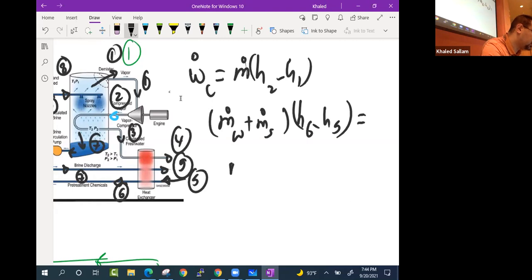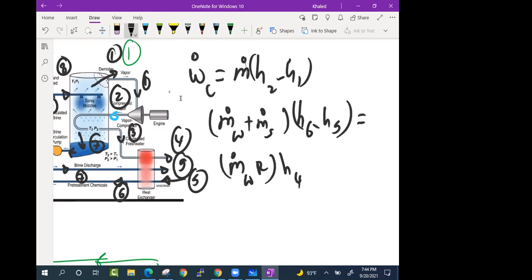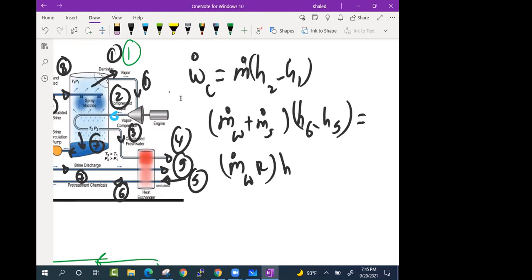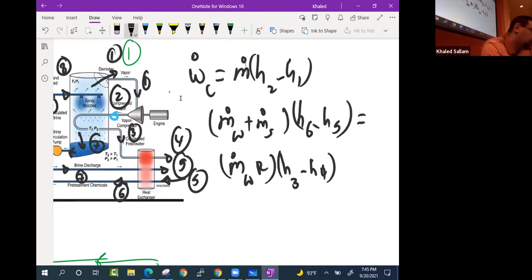How much is that? m dot water R, that's how much you recovered, multiplied by H4 minus 3. 4 minus 3 or 3 minus 4? 3 minus 4. Okay, why 3 minus 4? Because we are writing it such that this is how much you got heated and this is how much you lost.